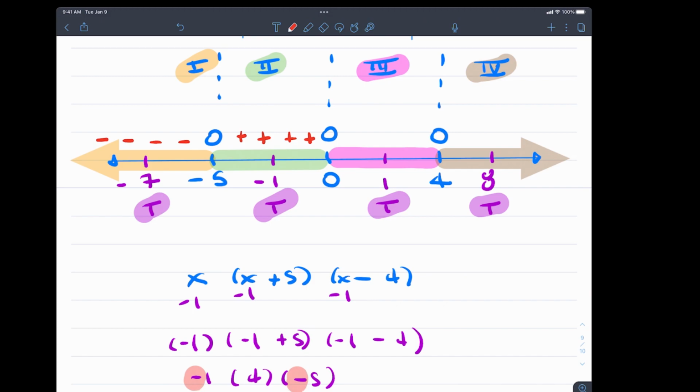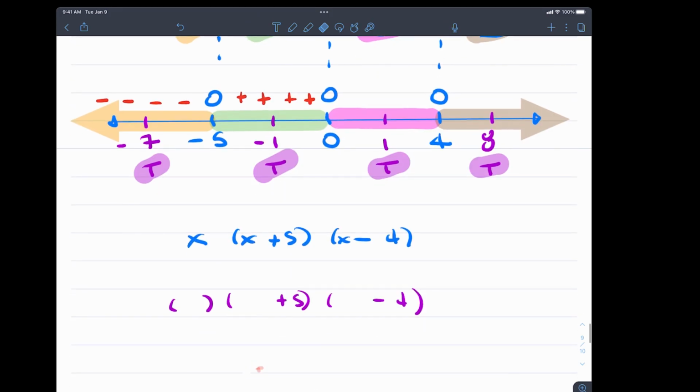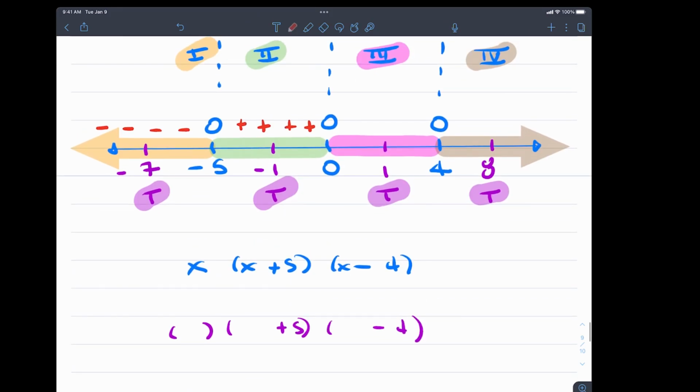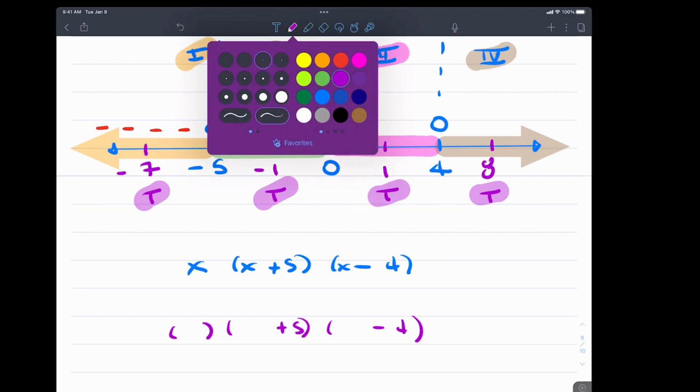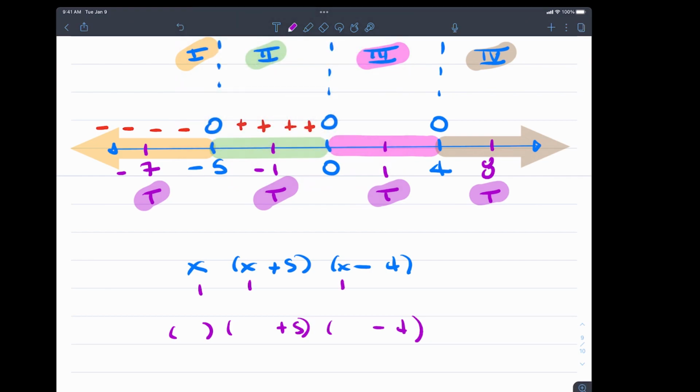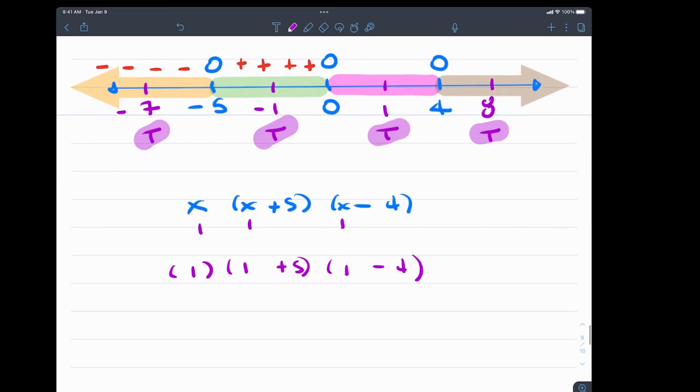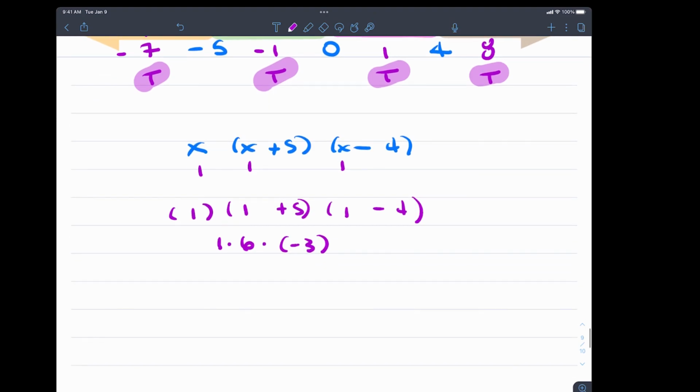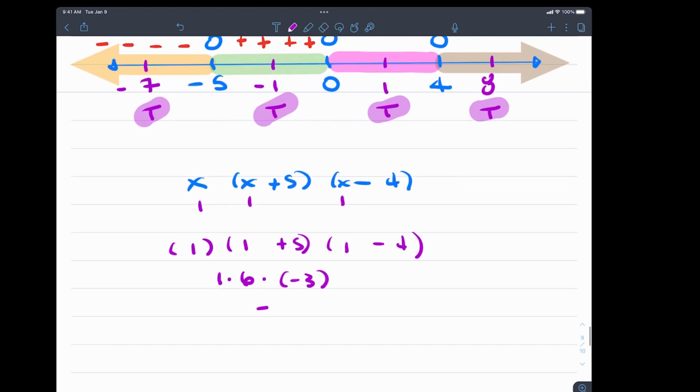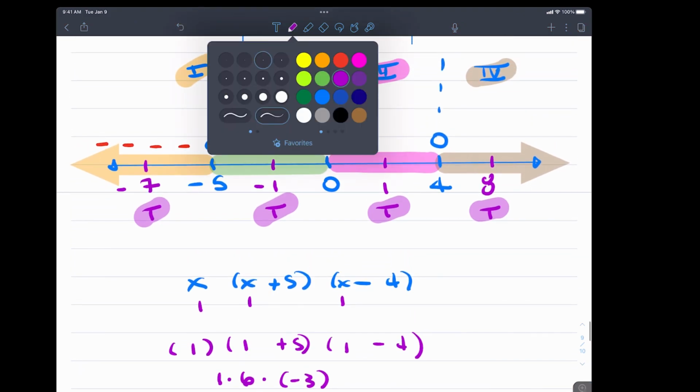All right, now region 3. We're going to test region 3 now. What's the test point for region 3? We're going to plug in 1. This will be 1, 1 plus 5, 1 minus 4. 1 times 6 times -3. What's a positive times a negative? It's negative. Region 3 is negative.